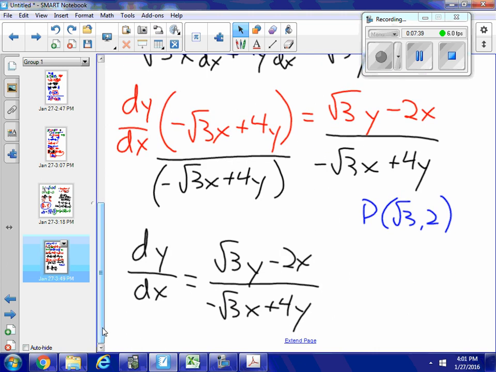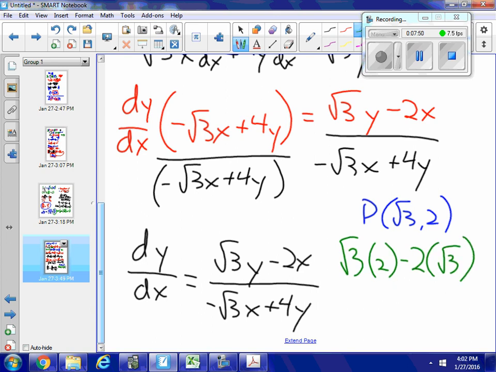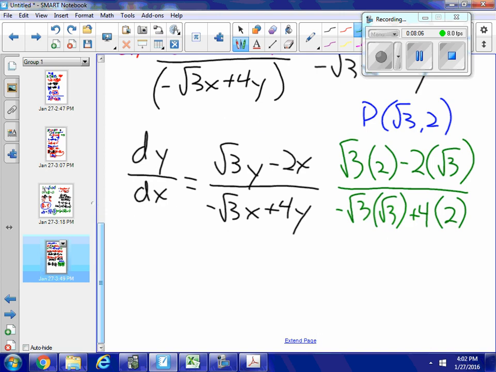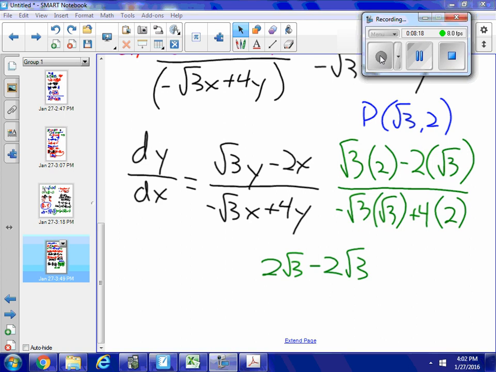So I have radical 3 times my y value, which is 2, minus 2 times my x value, which is radical 3, divided by negative radical 3 times radical 3, again my x value, plus 4 times my y value, which is 2. So I have 2 radical 3 minus 2 radical 3 as my numerator.